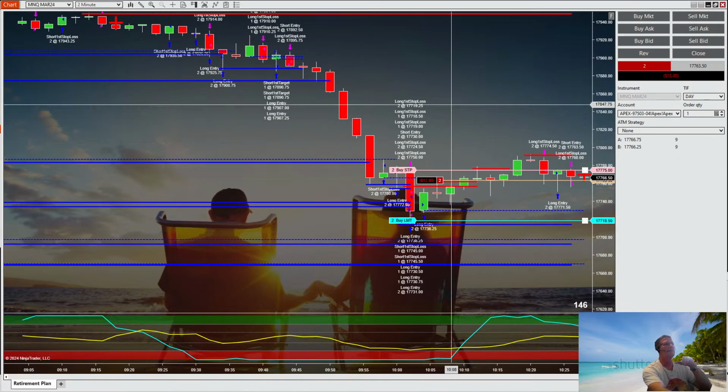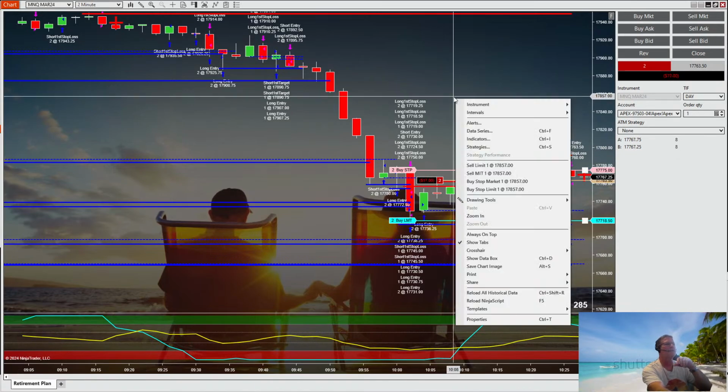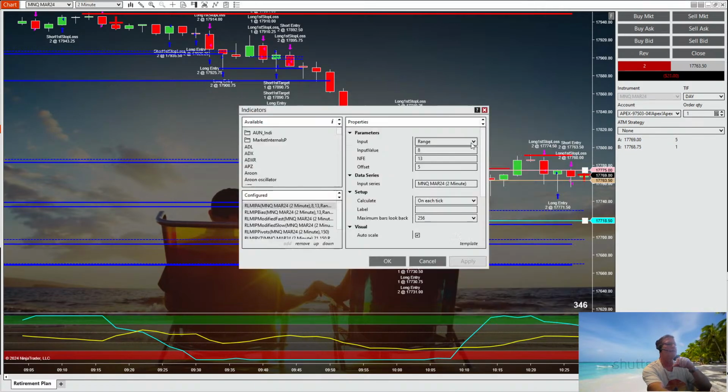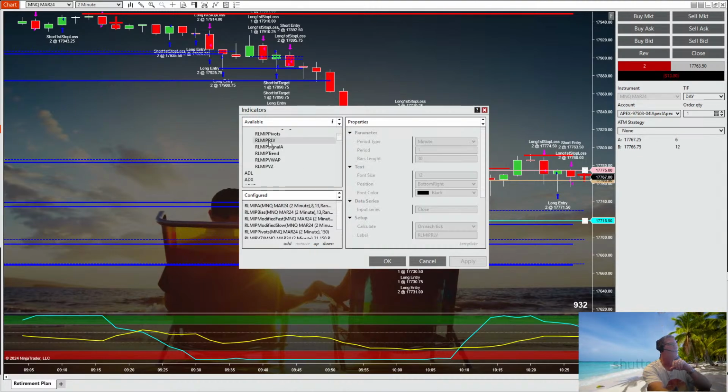How do you put it on the screen, Scott? If you right-click your chart and go to Indicators, in the Market Internals folder, you'll double-click and open it up, and you'll scroll down to the RLV indicator, and you can add it like that, or just double-click it, and it'll drop down to the bottom.